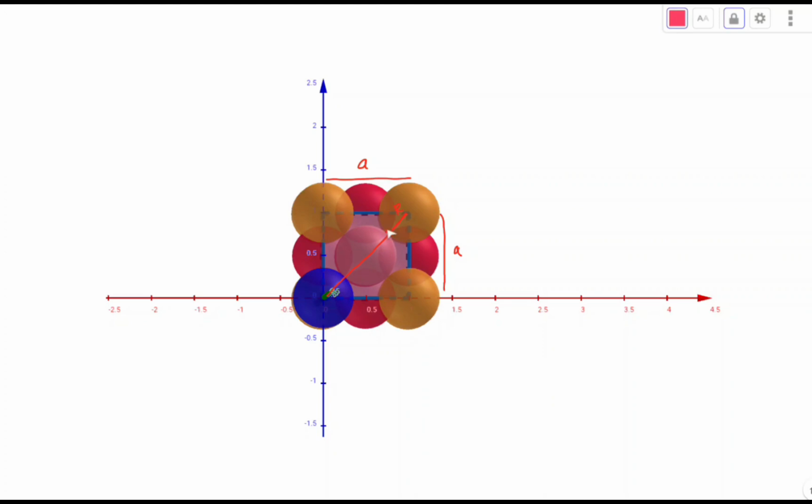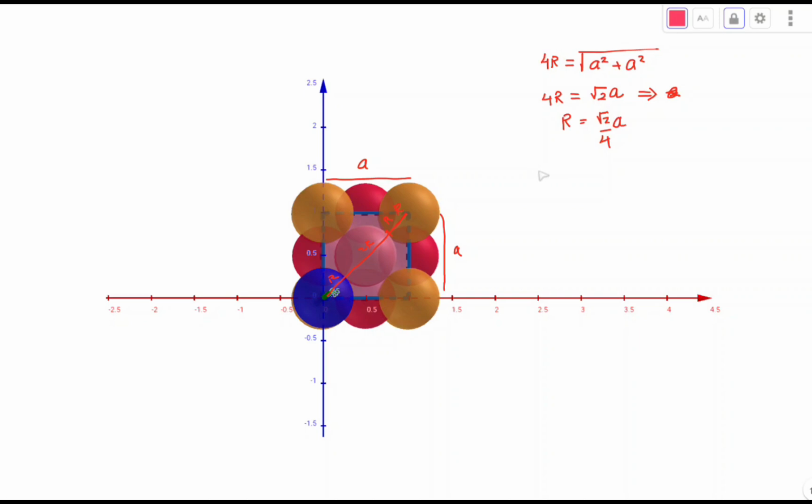So R from this one here, 2R from this one here, and 1R from this one here is the diagonal. So 4R equal. Now this is a right angle triangle with length equal to A and height equal to A. In this case, the diagonal is A square plus A square, so 4R equal to square root of 2 A, in such a way that R equal to square root of 2 over 4 A.